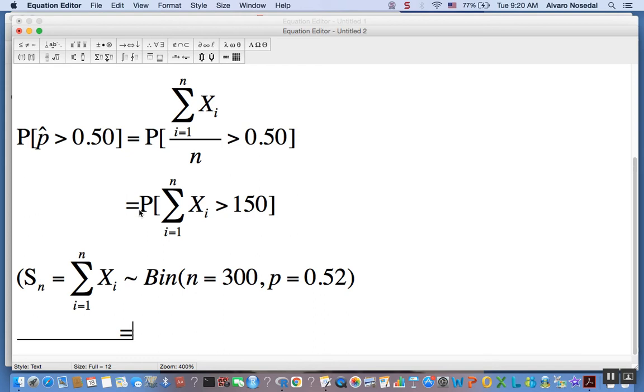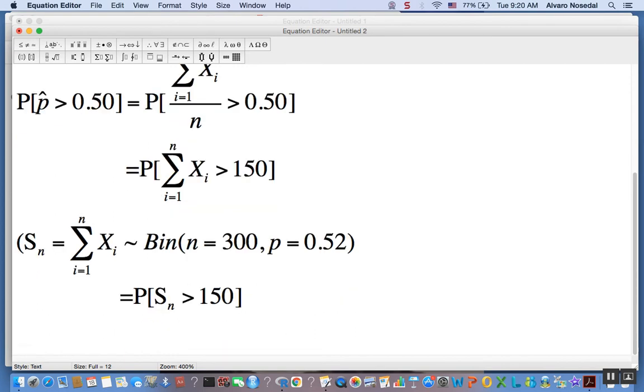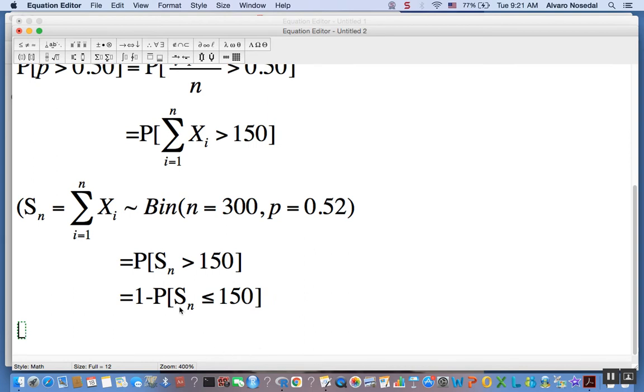This is the same as the probability of Sn being greater than 150. We could rewrite that as 1 minus the probability that Sn is less than or equal to 150, by basic properties of probability.